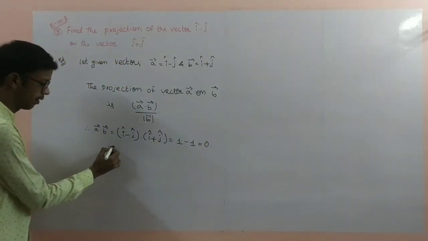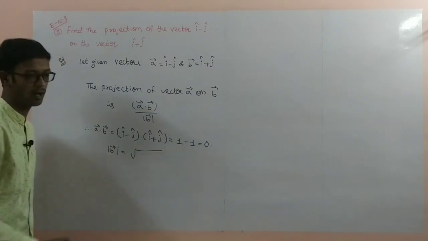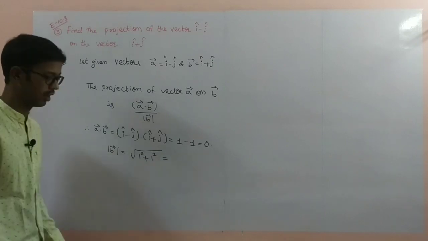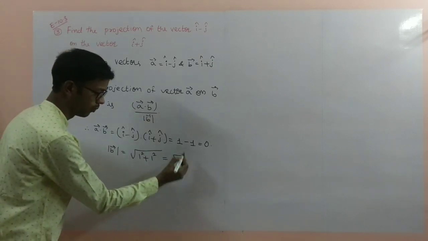Magnitude of B bar is root of 1 square plus 1 square, that equals root 2.